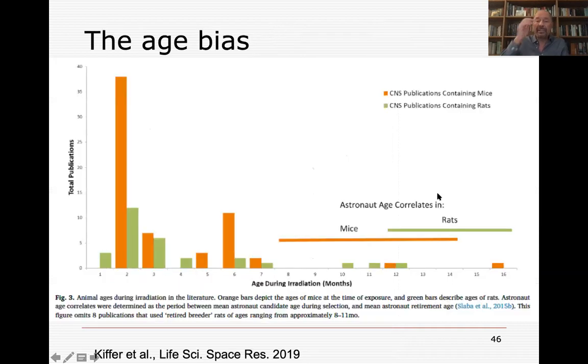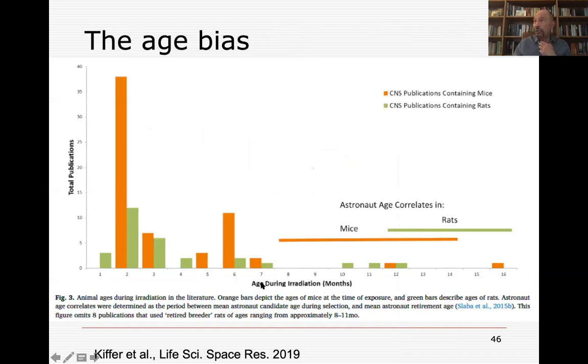As you can imagine, this is a big story, but one problem, this is why I like this paper, because it tells you how careful you have to be. It's a collection of all the data published on CNS effects. Orange is mice and green is rats. You see, most of the data are here.